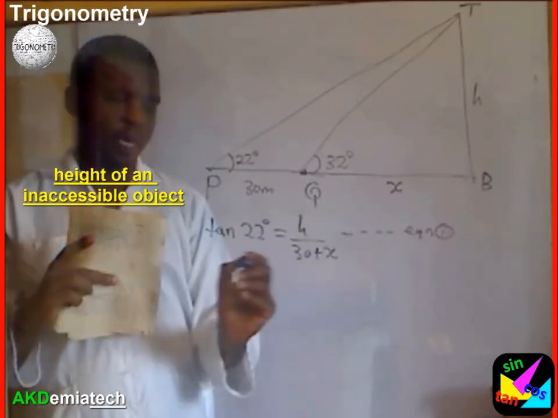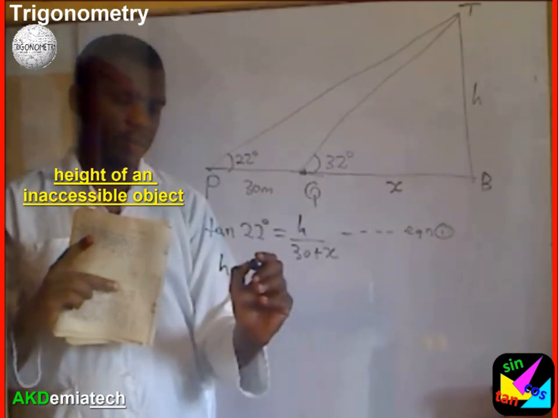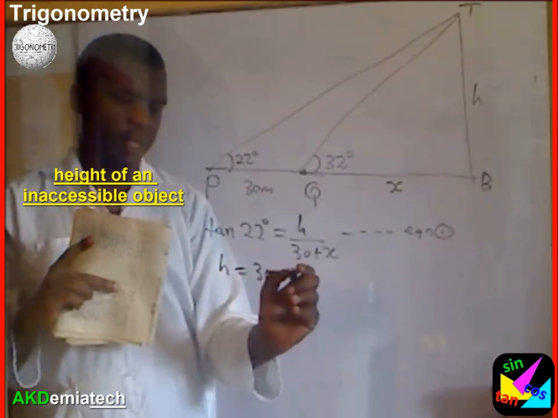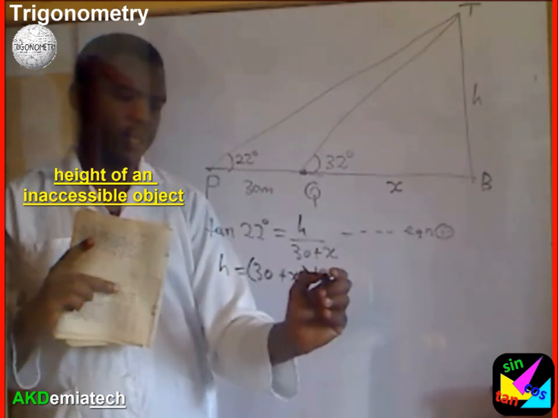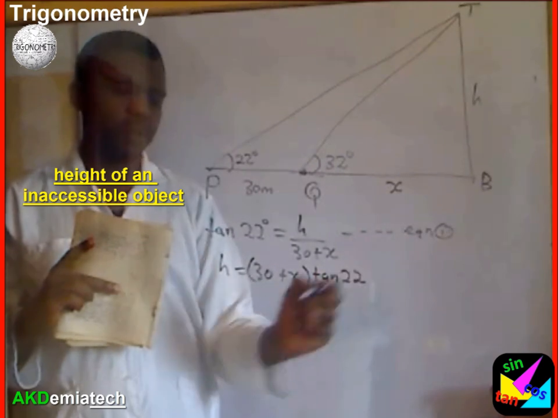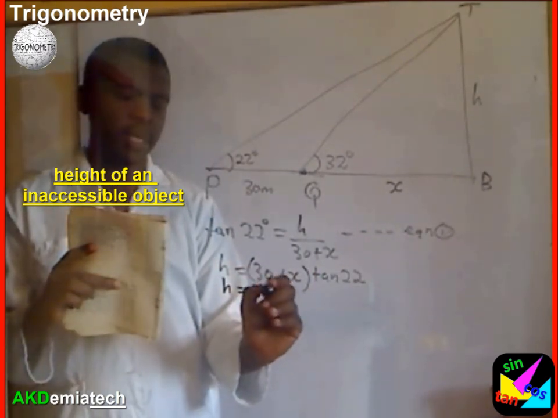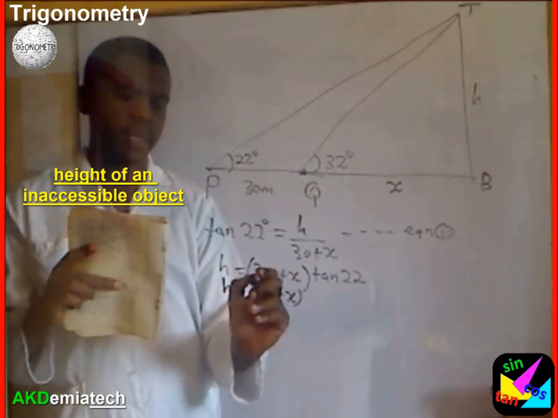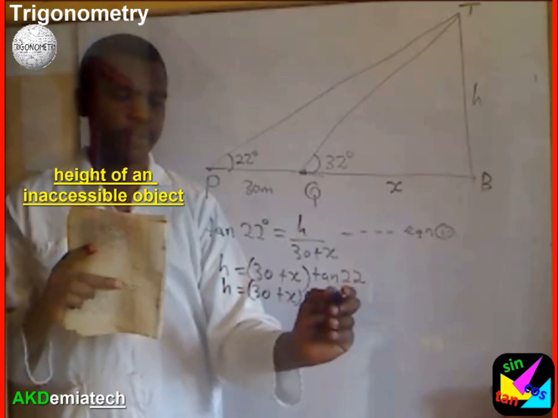From here, I cross multiply. Height is equal to 30 plus x in brackets times tan 22. What is tan 22? 0.404.